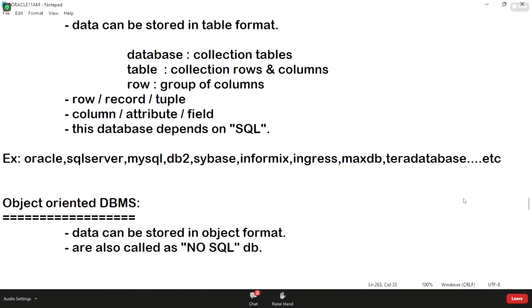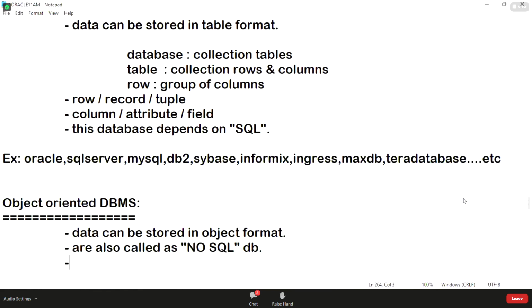So object oriented databases never depend on SQL. SQL cannot be understood here, so this is why we call it a NoSQL database.